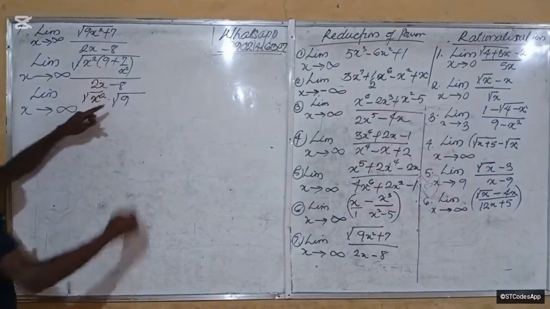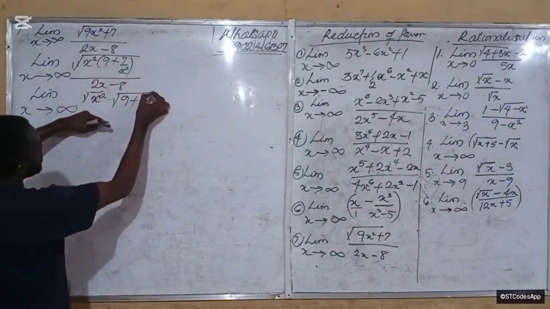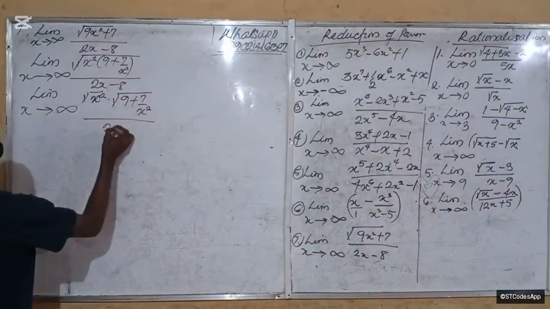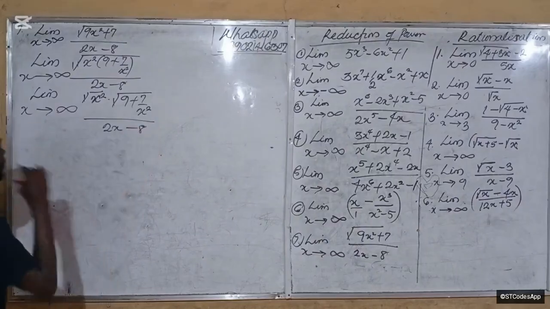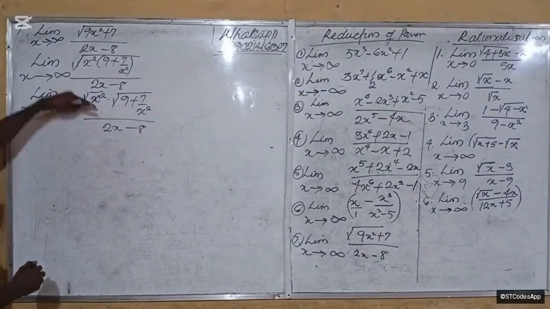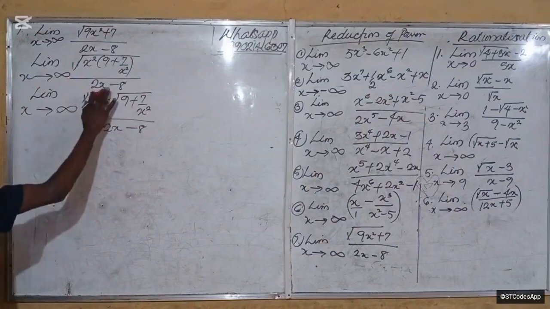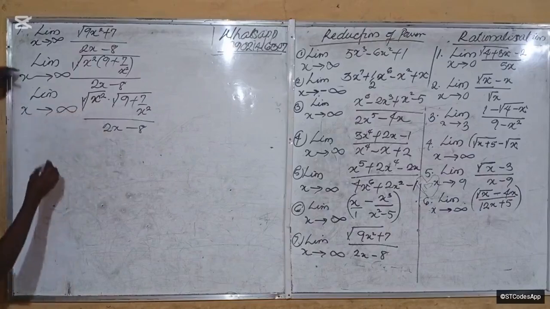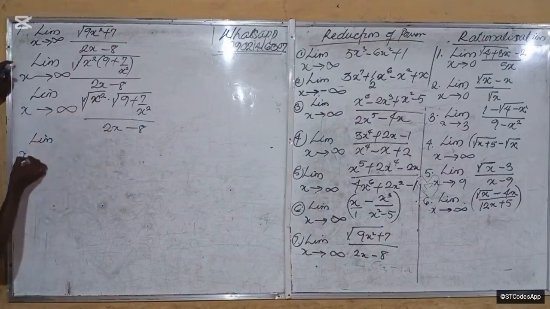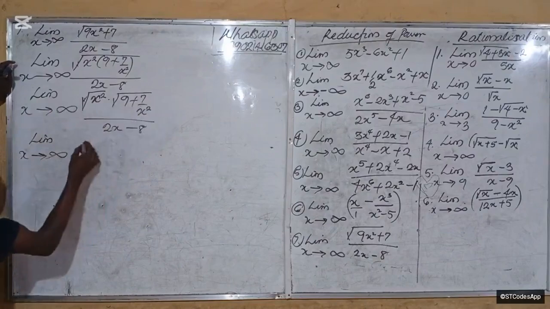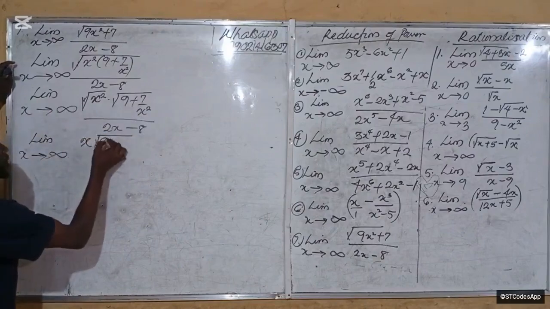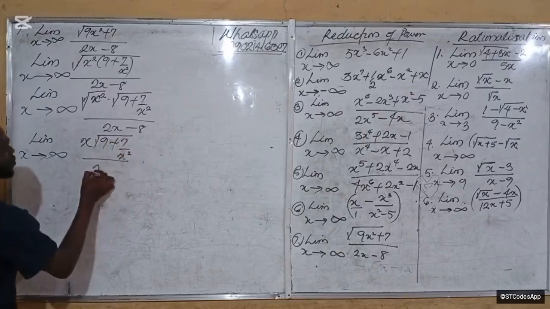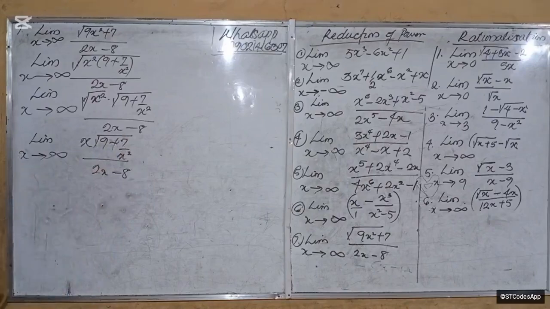They are multiplying, so you have to be good at mathematical manipulations, okay? All over 2x minus 8. Now, what's the square root of x squared? It is x, right? So the limit becomes x root of 9 plus 7 over x squared, all over 2x minus 8.